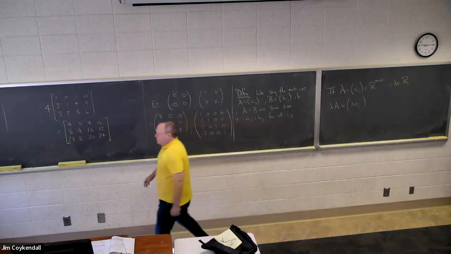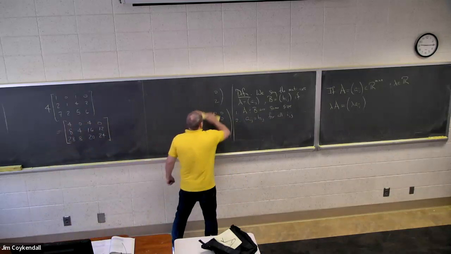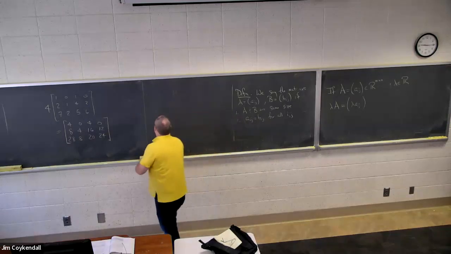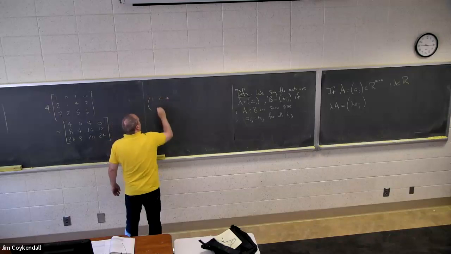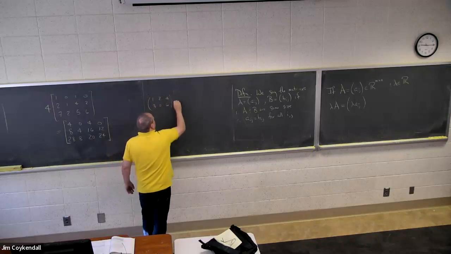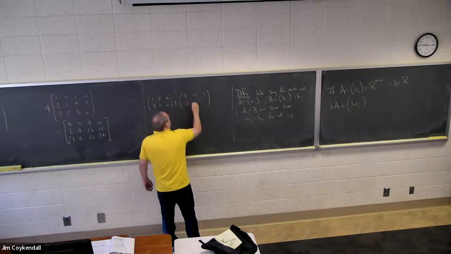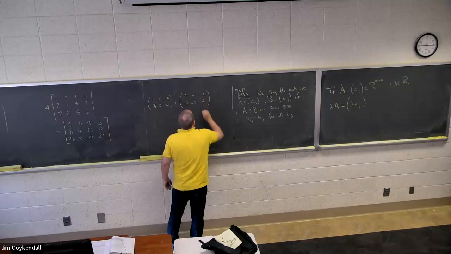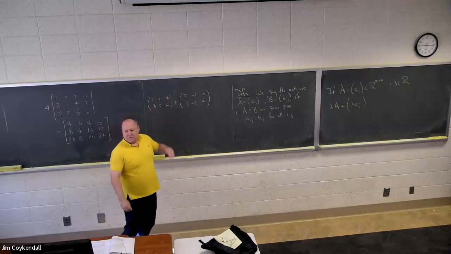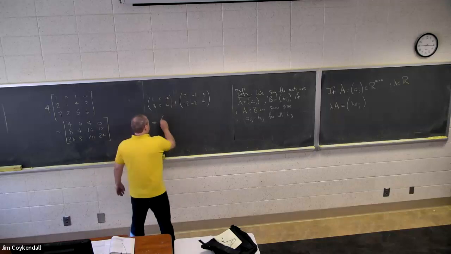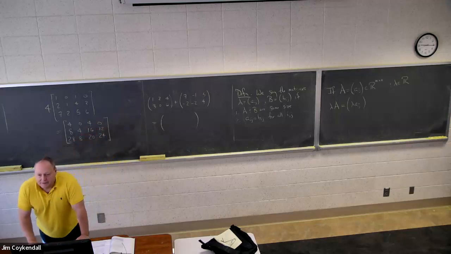Let me ask you another question with a kind of numerical motivation. I want to make a new matrix by adding these two. What's the most natural way to do this?